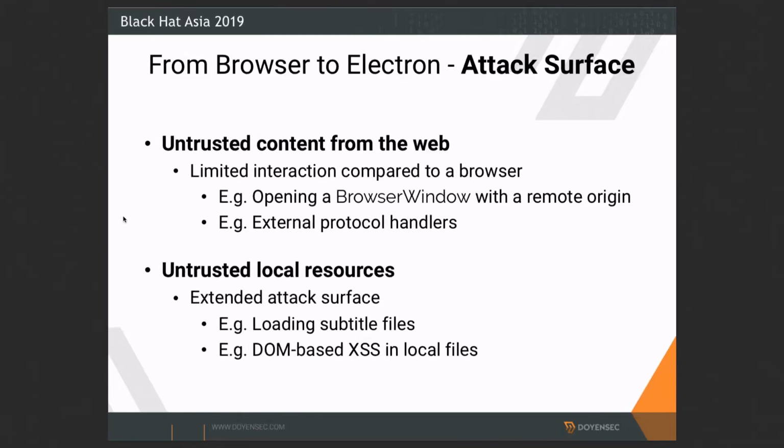So in a streaming application, it is not unlikely for a user to download, let's say, a subtitles file, maybe download it from torrent or the web within the application. So those are obviously things that should be considered as untrusted input.